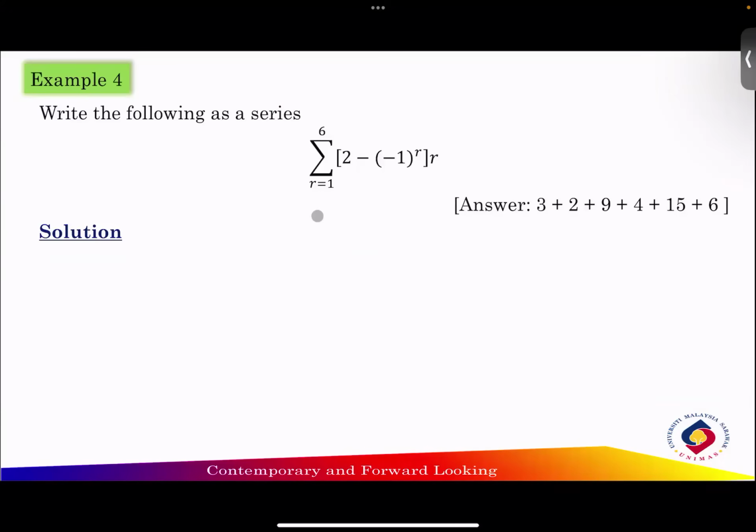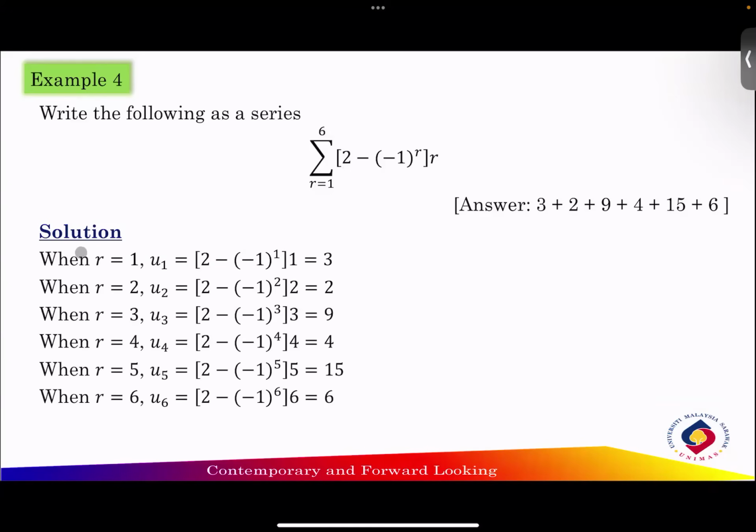So how about this one? Write the following as a series. This one is the beginning, the other is the end. So when r is equal to 1, u1 is equal to 2 minus negative 1, r is the power here, and then 1.